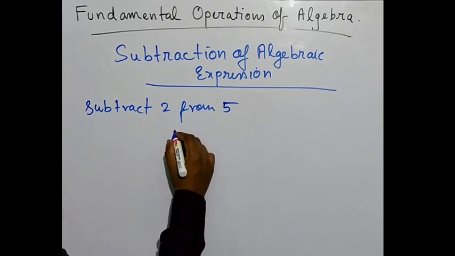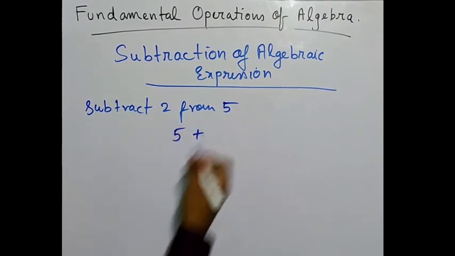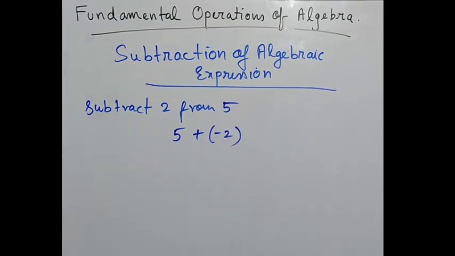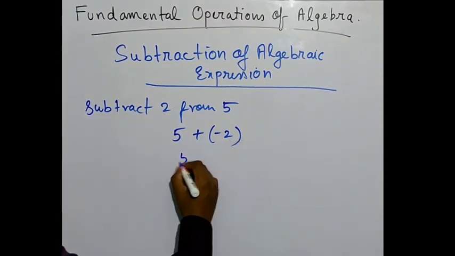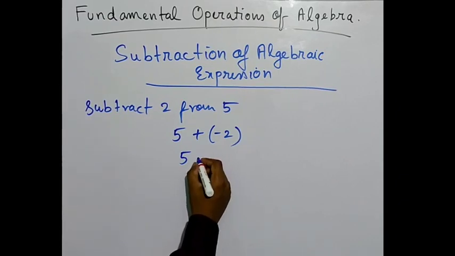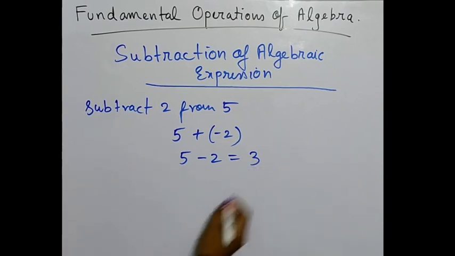So what do you do? You write 5, then you add the opposite, you add negative 2. So we subtract the absolute values, 5 minus 2, that will give us 3. So this is the answer.